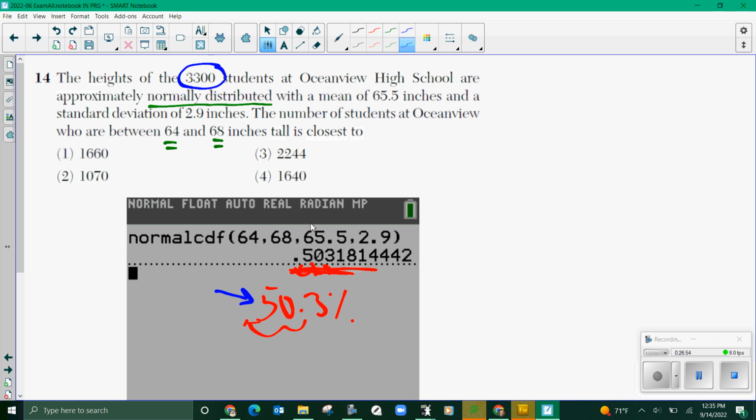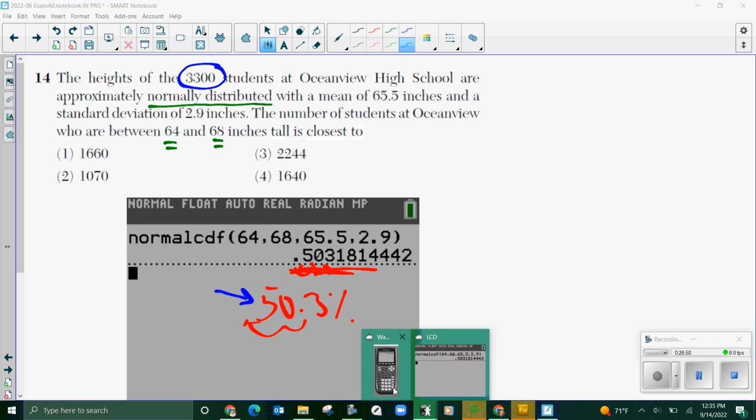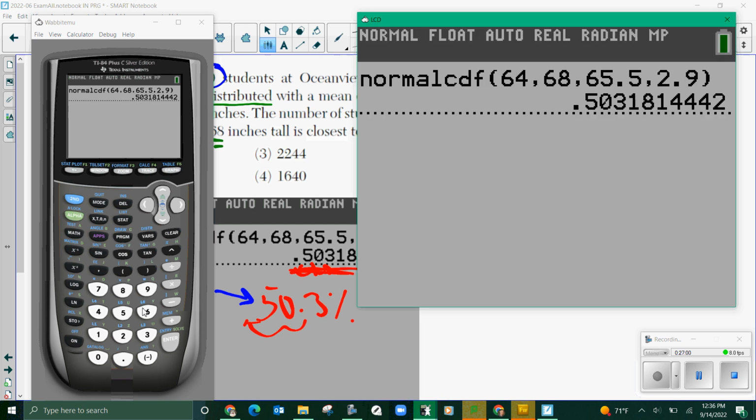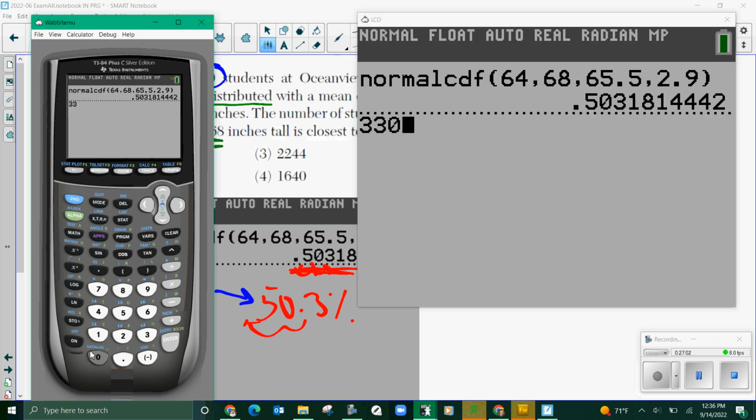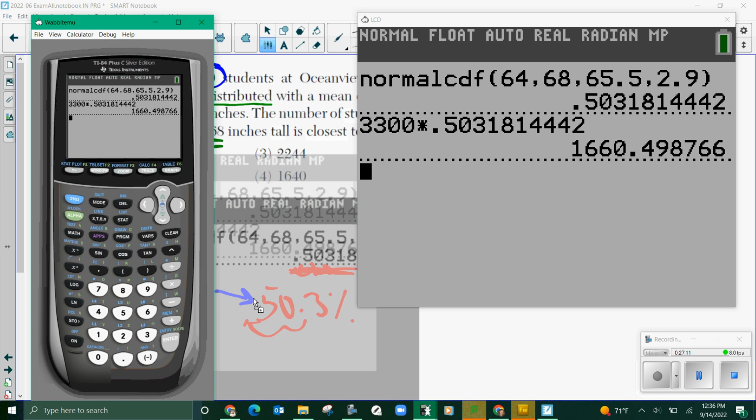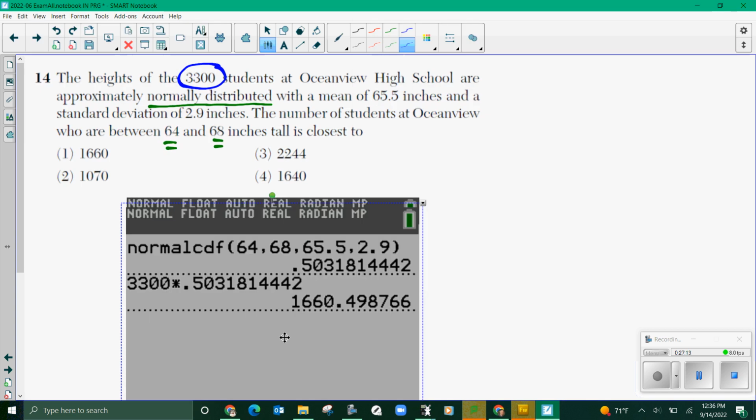I multiply it by the decimal version of the percent. I take my 3,300 students and I multiply them by this number up here. 1,660 students, which is choice 1, and that's your answer.